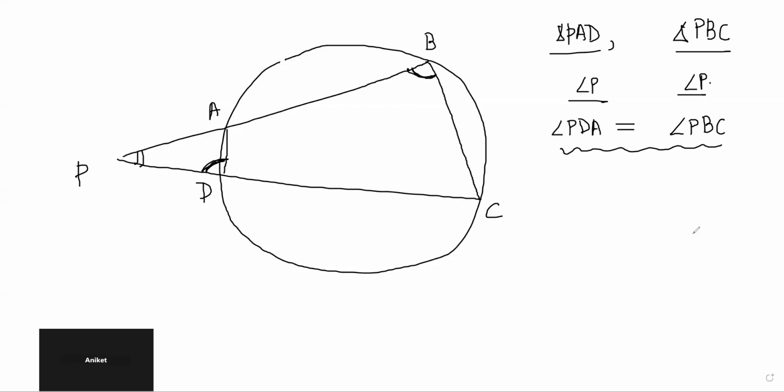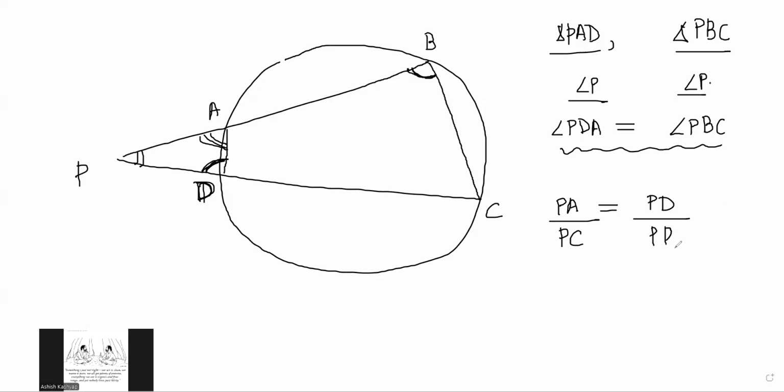Triangle PDA is similar to triangle PBC, so I will get PA by PC is equal to PD by PB. Sir, that's what I was saying, it will come directly, we don't need to take the ratio of AD and BC. The opposite of this angle is PD and the opposite of that is PB. So PA times PB is equal to PC times PD, that is done. Basically, the point was that you don't need this ratio for that proof.